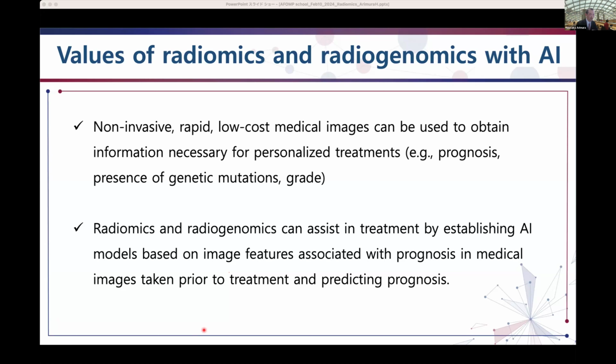So if medical doctors hesitate to use such radiomics software, I think manufacturers don't want to make such software. I think so.